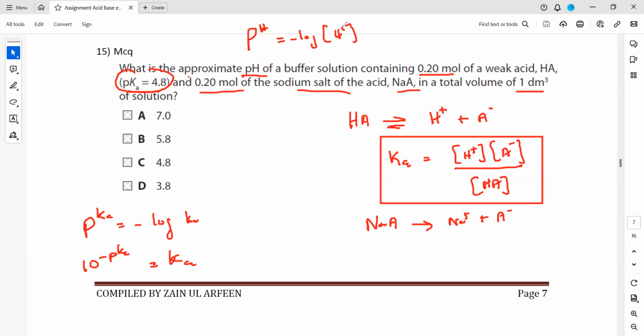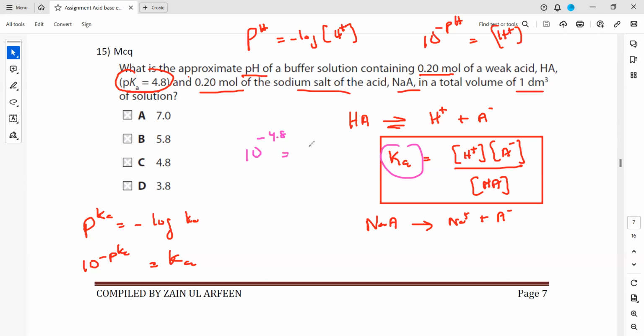Same way, if I need the hydrogen ion concentration, 10 raised to power minus pH will equal the hydrogen ion concentration. So we substitute the values. The value of Ka will be 10 raised to power minus pKa, which means 10 raised to power minus 4.8.